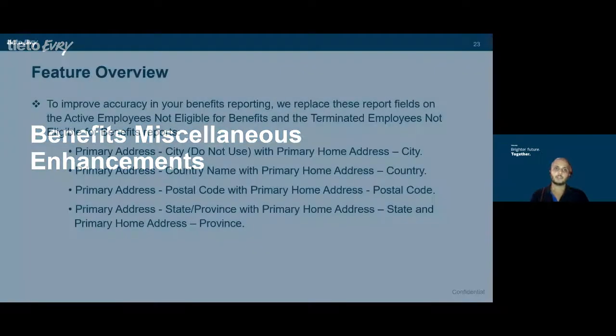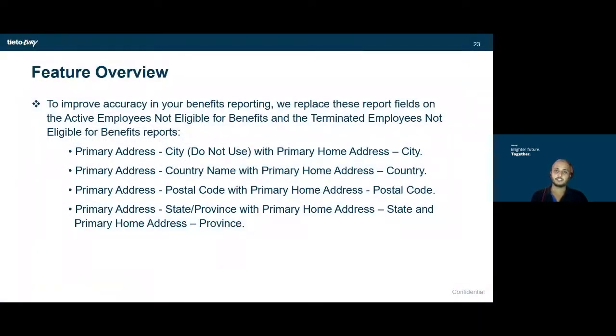So to improve the accuracy in benefits reporting, Workday now has added various new fields as part of the reporting. We can now see that Workday has added the below fields as part of the new update: primary address country name with primary home address country, primary address postal code with primary home address postal code.